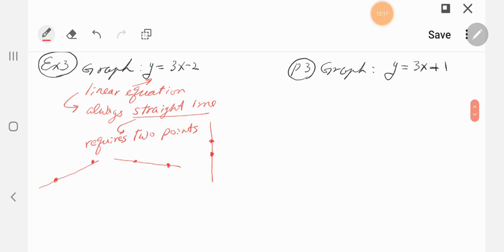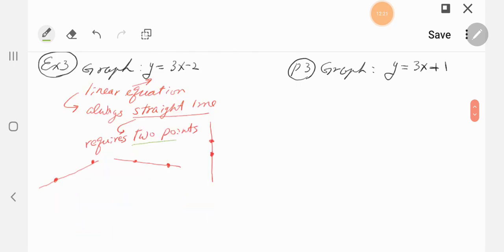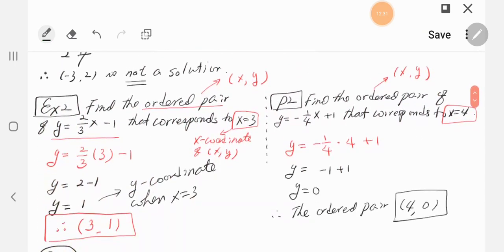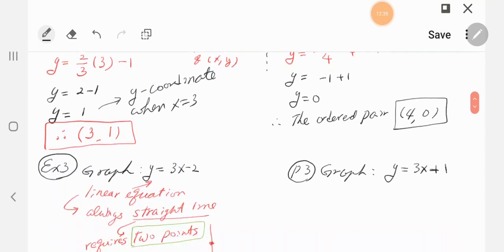So we will find out those 2 points. In order to find them, let's use any value of x so that we can find y. Give one x value, then find the y value.